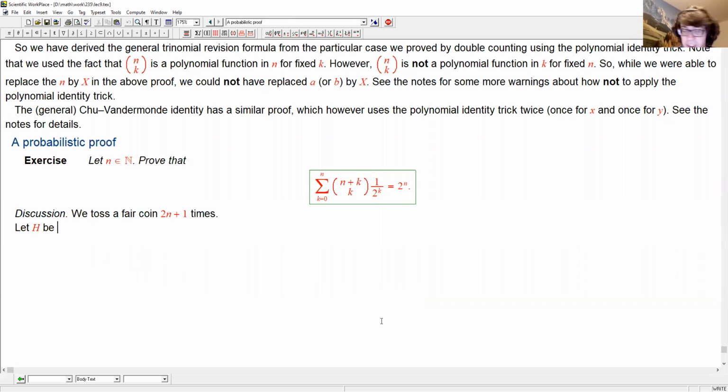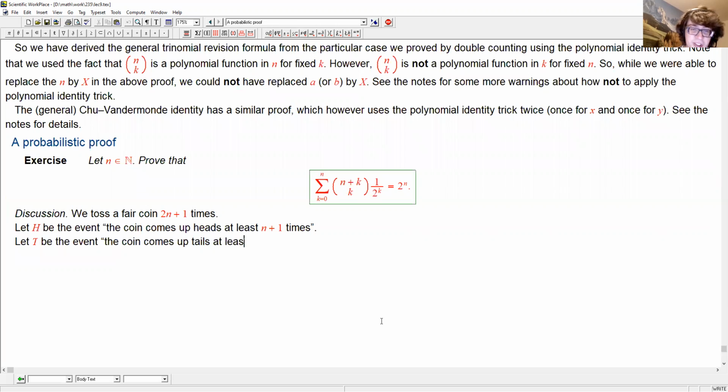So let h be the event the coin comes up heads at least n plus 1 times. Let t be the event the coin comes up tails at least n plus 1 times. A typical outcome, if 2n plus 1 is 5, would be heads, tails, heads, heads, tails.